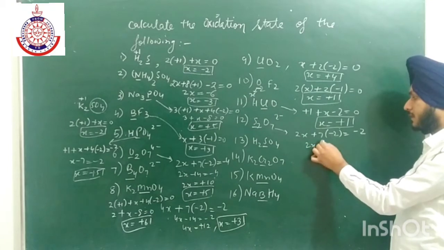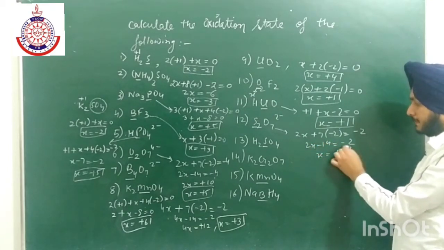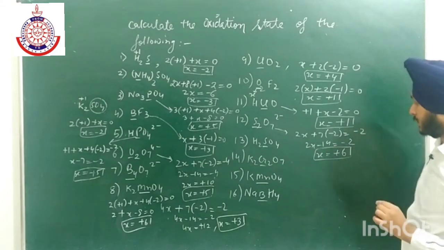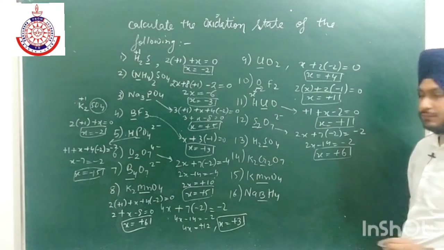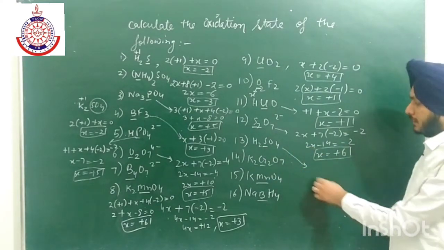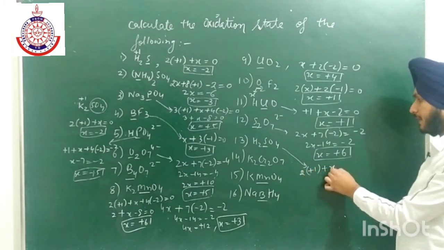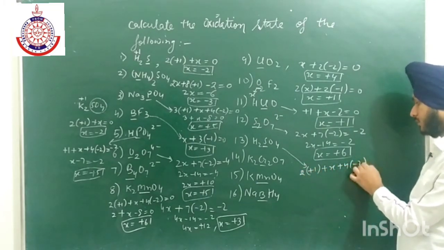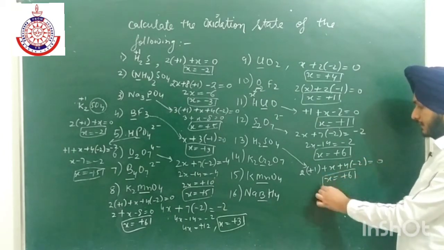So 2X minus 14 is equal to minus 2, and X comes out to be plus 6. So here we have to calculate for sulfur. So hydrogen is plus 1, 2 into plus 1 plus sulfur X plus 4 into minus 2 is equal to 0. So after calculating you will get X is equal to plus 6.